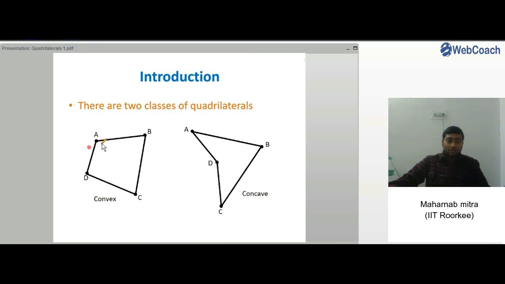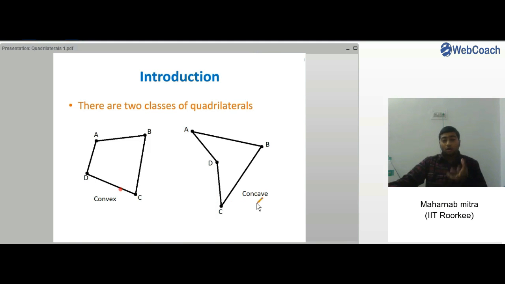This angle looks like an obtuse angle, this angle looks like an acute angle, and so on. You can just figure out which angles are what, and you can see that none of the angles cross 180 degrees, right? So such quadrilaterals are called convex quadrilaterals.